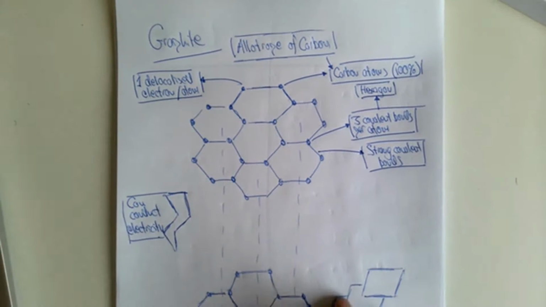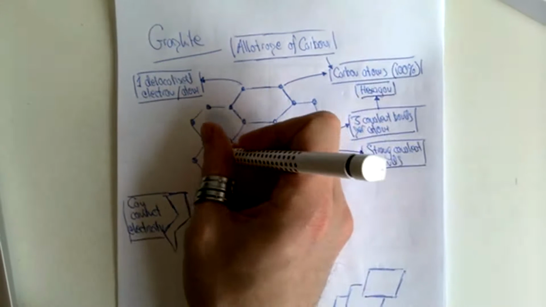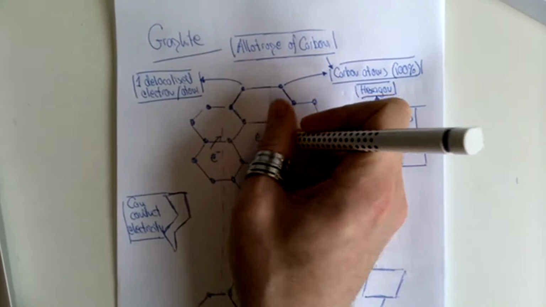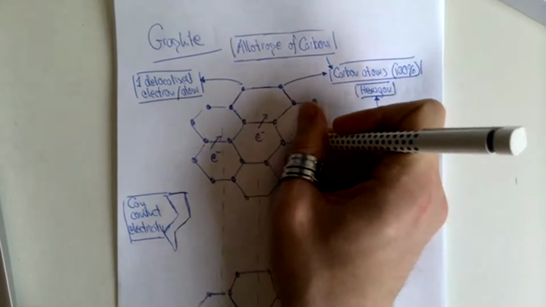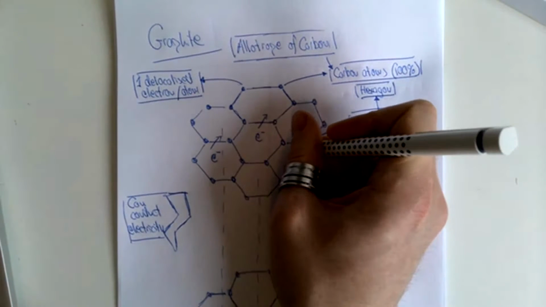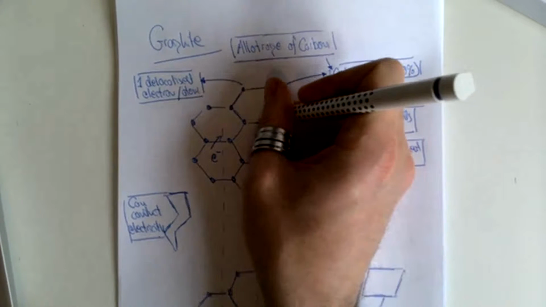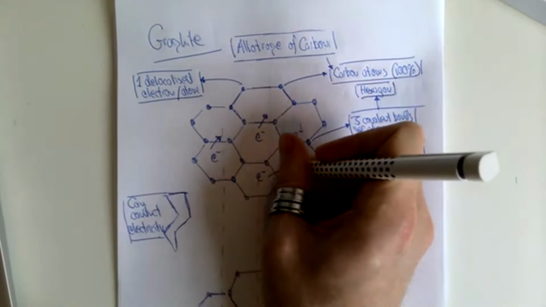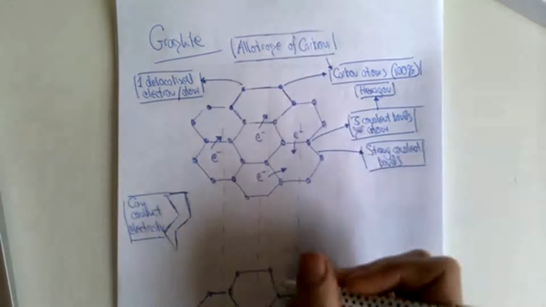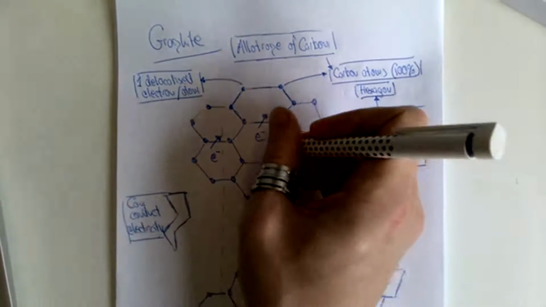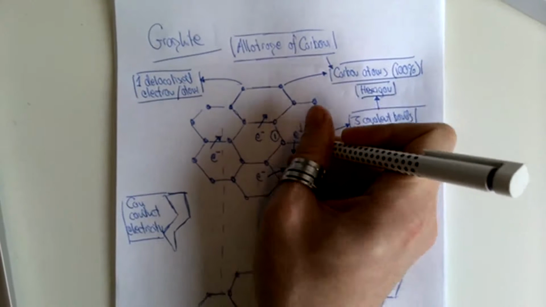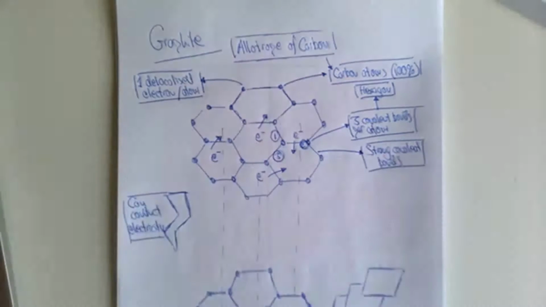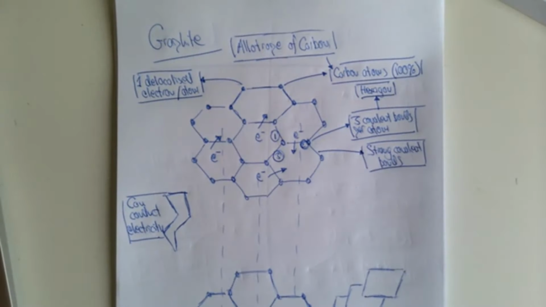So it can conduct electricity, and that is due to these delocalized electrons within the structure being able to move around. These e minuses just represent the free electrons that are able to move around. And as we say, there are 3 covalent bonds per carbon atom.